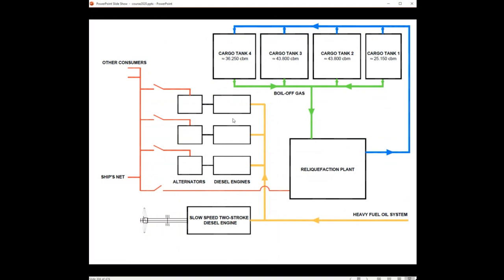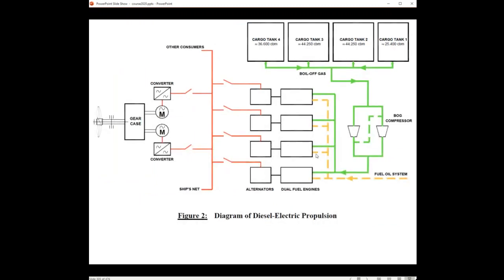And you have fuel oil for the generators. Generators are producing electricity. That electricity is used for the liquefaction plant, and the liquefaction plant is used for a closed system to treat the boil-off gases. That's the traditional system we use on board of LPG carriers, and which can be copied, of course, to LNG.